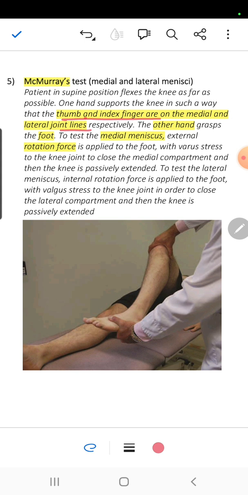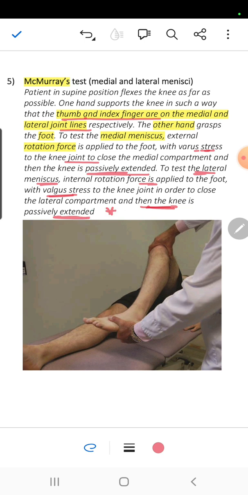To test the medial meniscus, like I said earlier, we have to externally rotate the foot, and then with varus stress to the knee joint to close the medial compartment, the knee is passively extended. To test the lateral meniscus, internal rotation force is applied to the foot with valgus stress to the knee joint in order to close the lateral compartment, and the knee is passively extended.